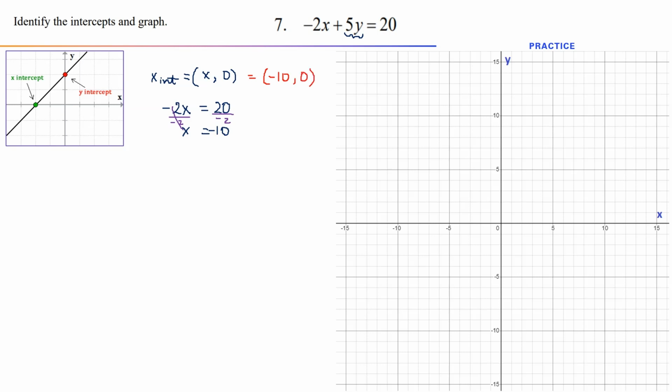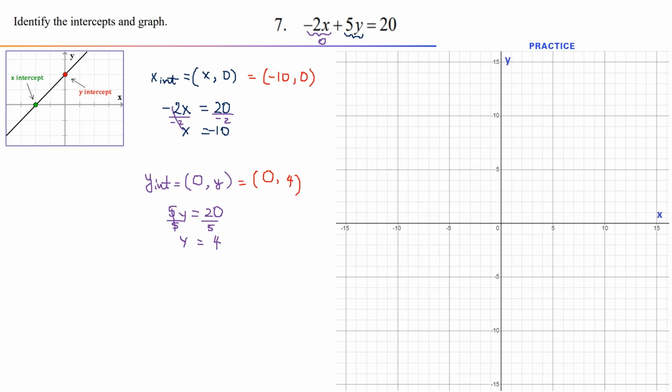Now we find the y-intercept. That will be 0 comma y. So when negative 2x equals 0, we will have 5y equal 20. Y equals 4. Divide both sides by 5 to get that. And then we have another point, 0 comma 4.